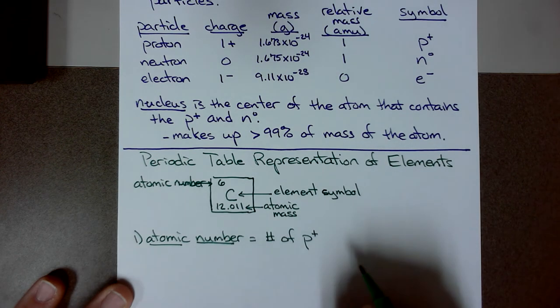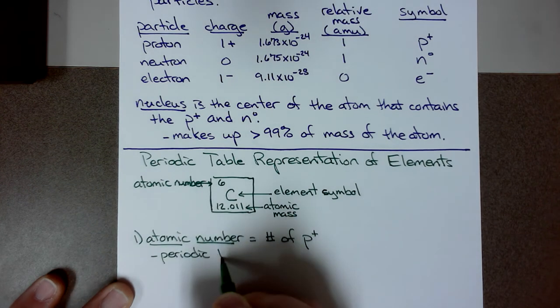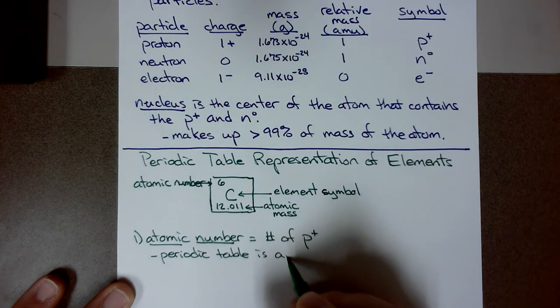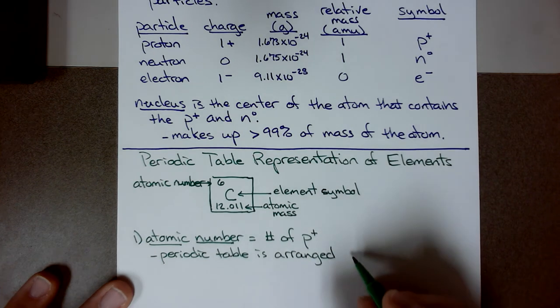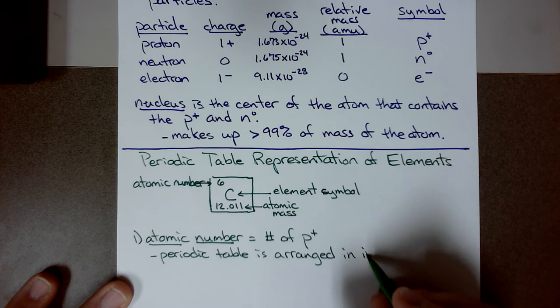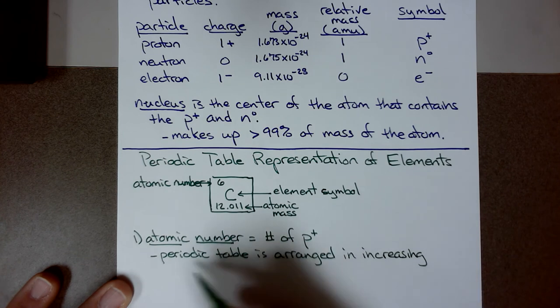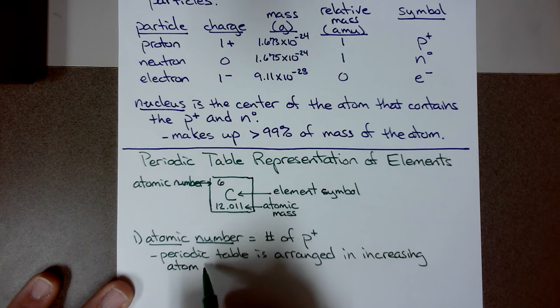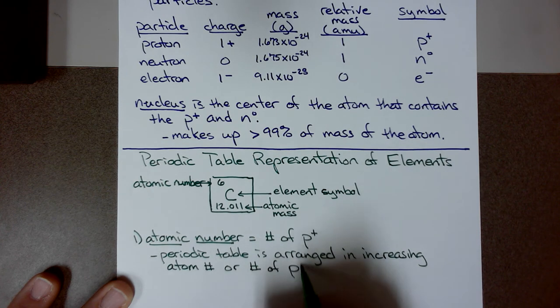And we need to understand that the periodic table is arranged in increasing atomic number, which means that it's arranged by increasing number of protons.